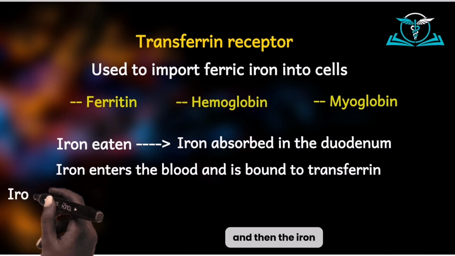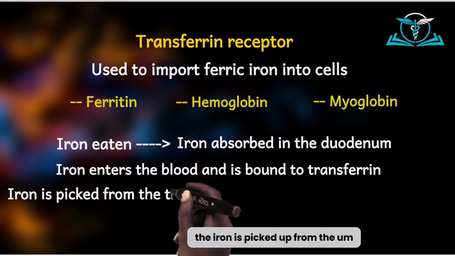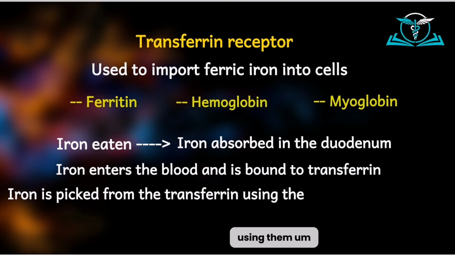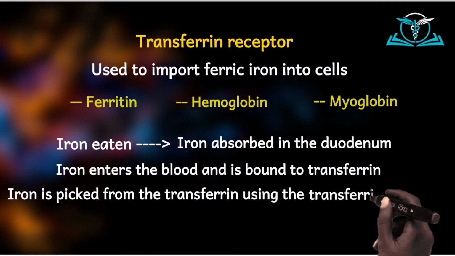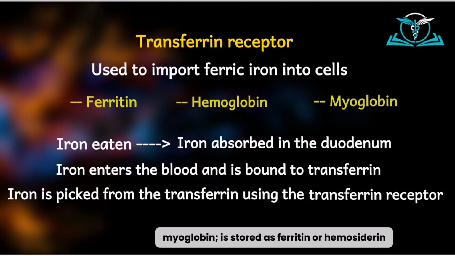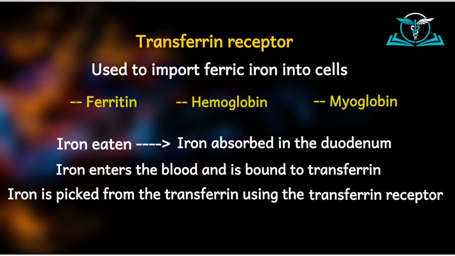And then the iron is picked up from the transferrin using the transferrin receptor, and then the iron picked up, depending on the cell which picked it up, is used to produce hemoglobin, myoglobin. It's stored as ferritin or hemosiderin, etc. And so this is how I choose to understand this when I am interpreting the iron studies panel. You may want to keep that also in mind.